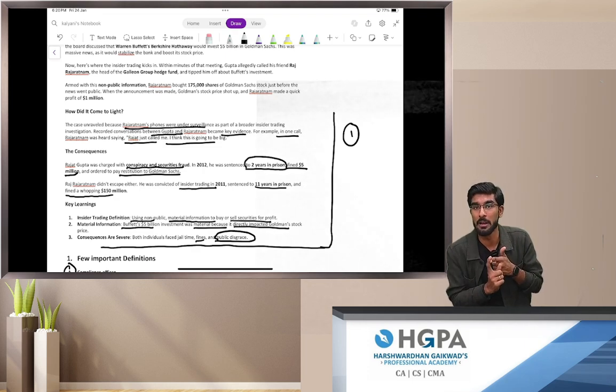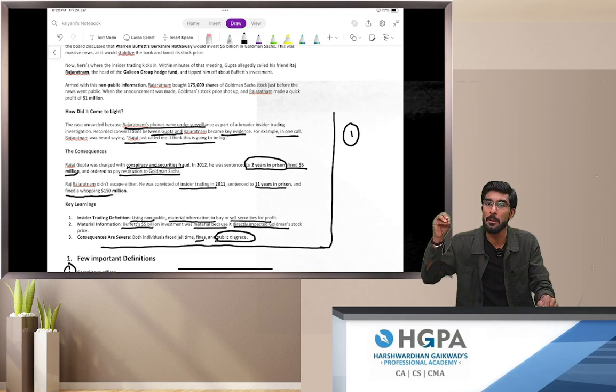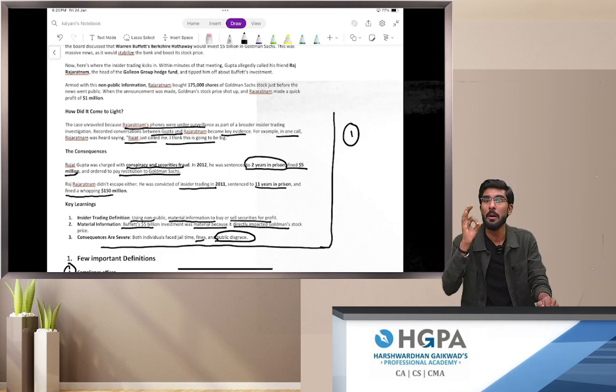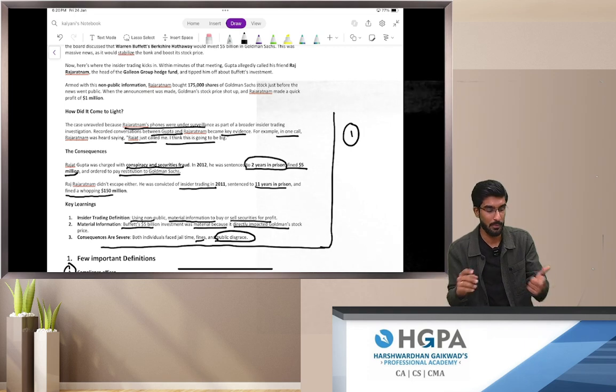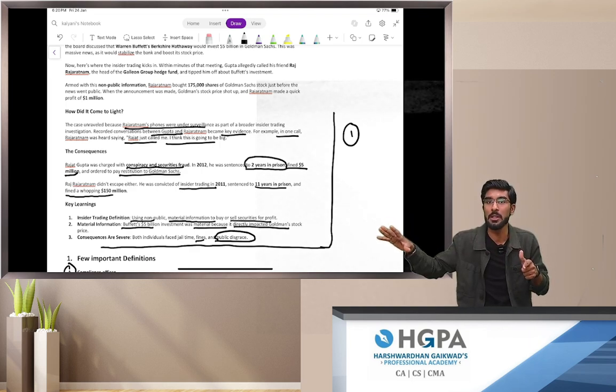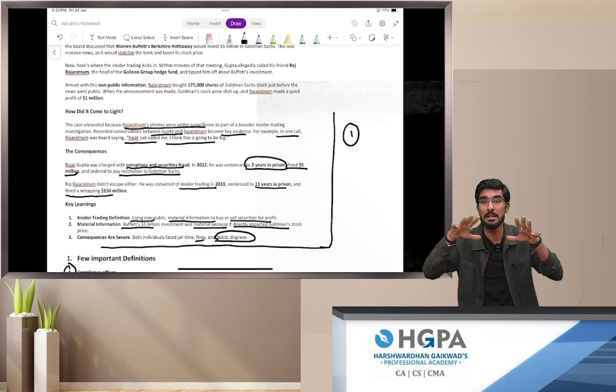Rajaratnam was an insider, because even though he was not on the board of directors, he had access to Rajat Gupta, who had access to price sensitive information. Rajaratnam, Rajat Gupta, the board of directors of Goldman Sachs, Berkshire Hathaway, and Warren Buffett are the insiders.